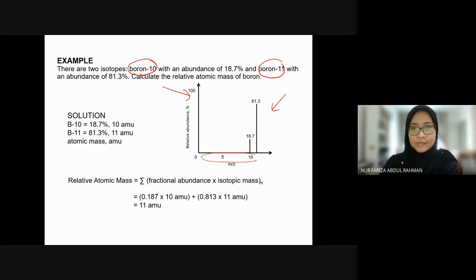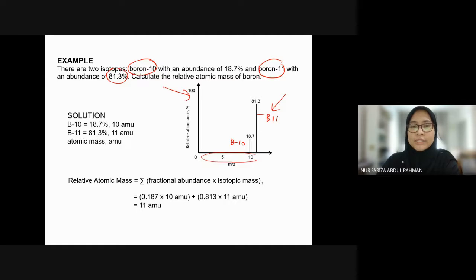As you can see, this is boron 10 and this is boron 11. From the information, only the percentage abundance for boron 11 is provided in the question.